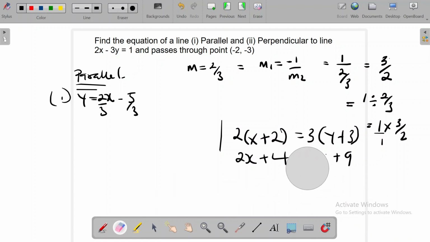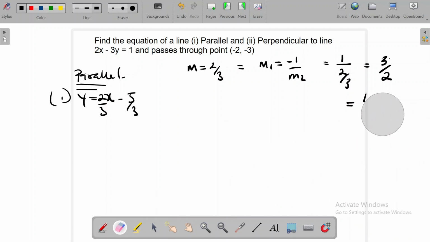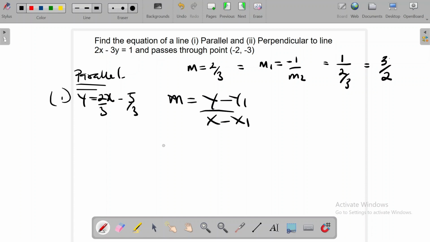So if they are perpendicular, you still use the same formula you used initially, but instead of saying m is equal to y minus y1 over x minus x1, this now becomes 3 over 2.